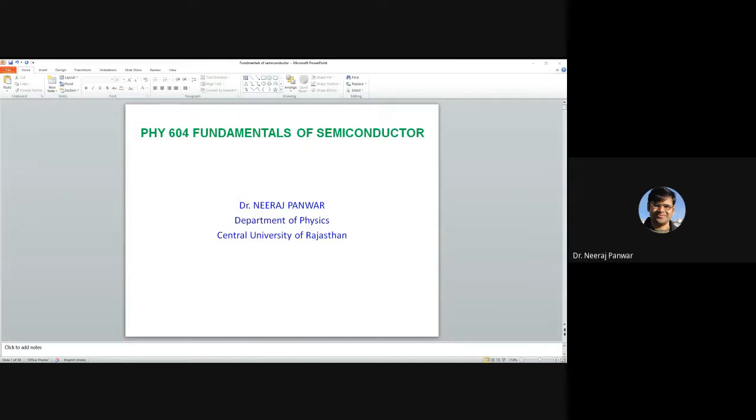So if you attend such a course, if you know something about semiconductors theoretically, then you have a good chance to get jobs in those companies.